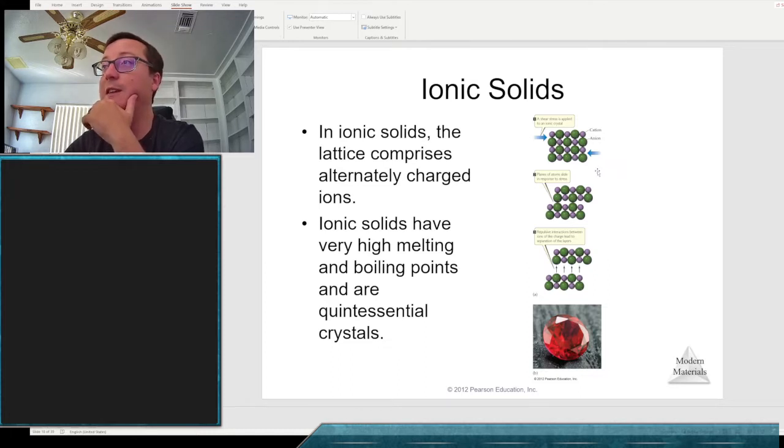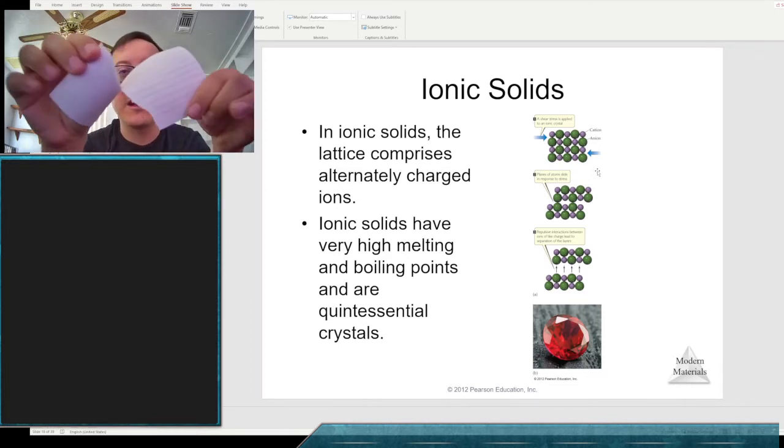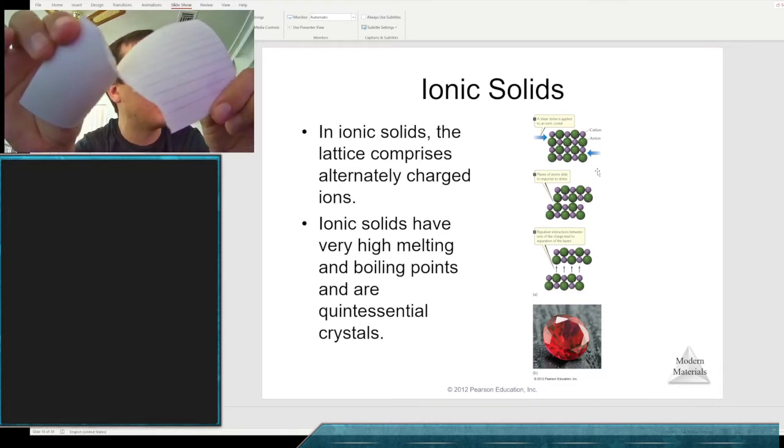We see here that when we crack these things, when we break them, if you have large crystals, they actually shear off each other. They don't just break randomly like a piece of paper might. I've got an index card. This index card breaks and you've got these little fuzzy bits everywhere.